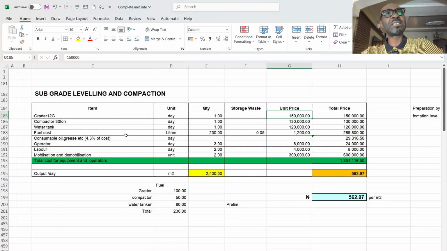The idle time for a compactor is more during the working process, because it compacts and then rests, awaiting when the grader does its own work. The two are not working at the same time. So the working time for the compactor is usually very low throughout the day. That is why the consumption is 50 liters.